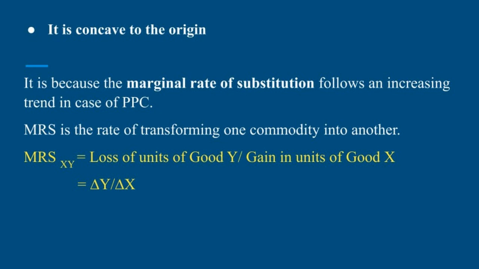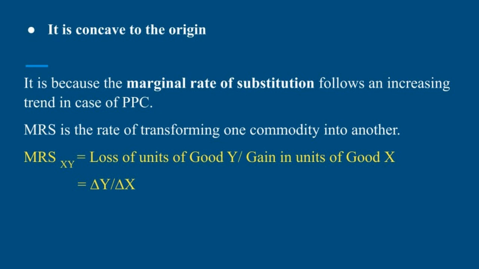The marginal rate of substitution is calculated with the help of the formula: loss of units of good Y divided by gain in units of good X. Symbolically, MRS XY is equal to delta Y upon delta X. Marginal rate of substitution is generally the rate of transforming one commodity into another. So whenever you make a schedule of a production possibility curve, it will always show an increasing trend in the values of marginal rate of substitution.